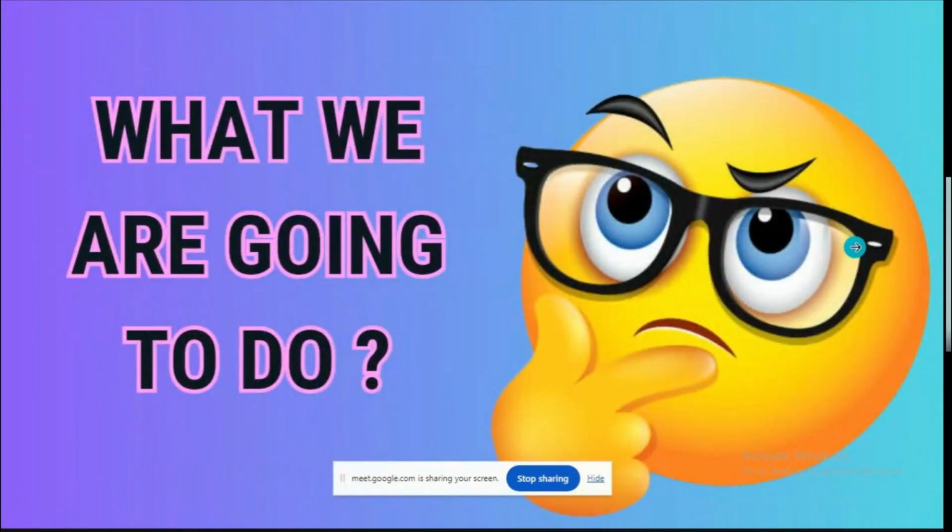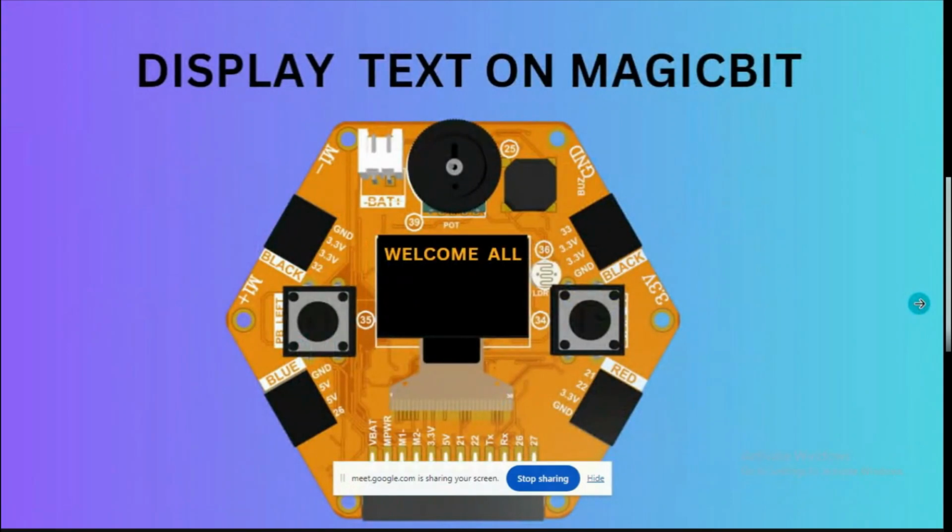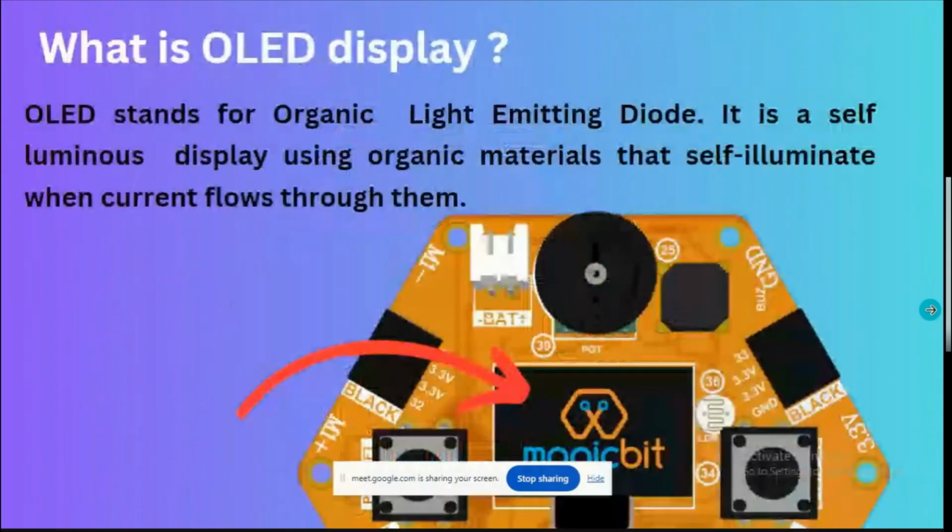What we are going to do today is display some text on the Magicbit display like this. So what is this display? Simply, we call it the OLED display. OLED stands for Organic Light Emitting Diode.